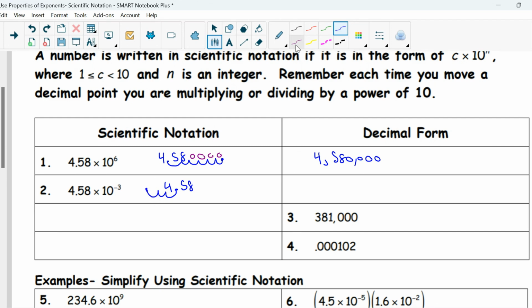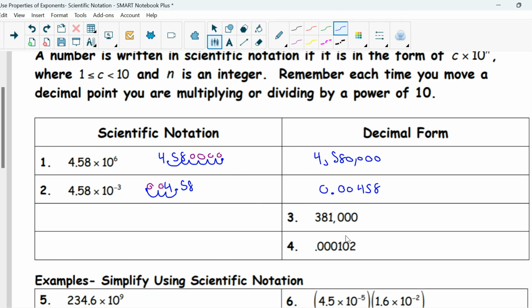There's my decimal point. And then fill in my place values. So this is the same as saying 0.00458. One thing that I like to think in my head is if there is a positive exponent in scientific notation, you are typically working with a large number, where if there's a negative, you are working with a smaller number.